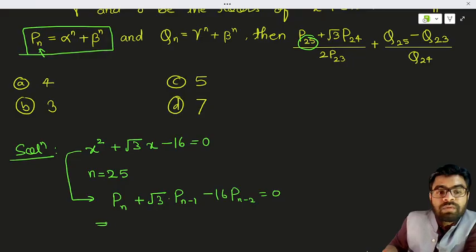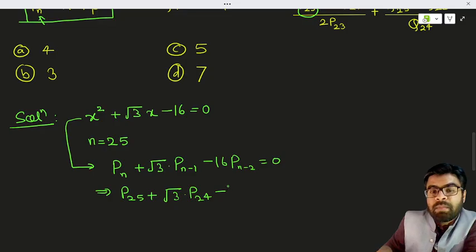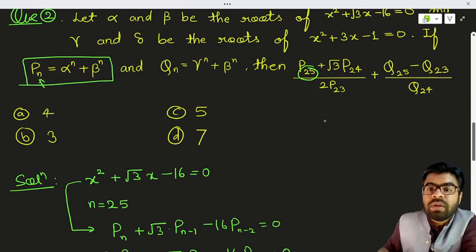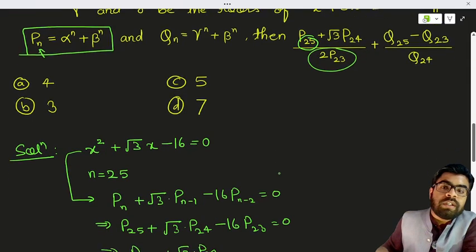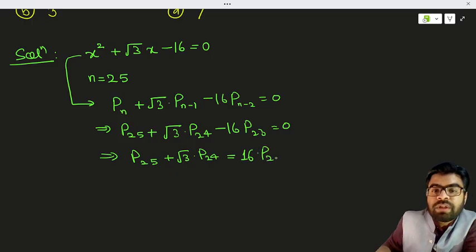So from here what we are getting, p25 plus root 3 p24 minus 16 p23 is equals to 0. From here what we get, p25 plus root 3 p24, and because what we want here is divided by p23, so it is written as equals to 16 times p23.